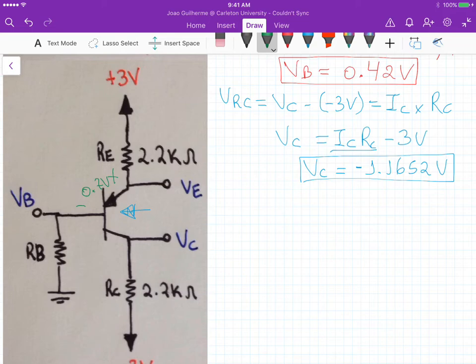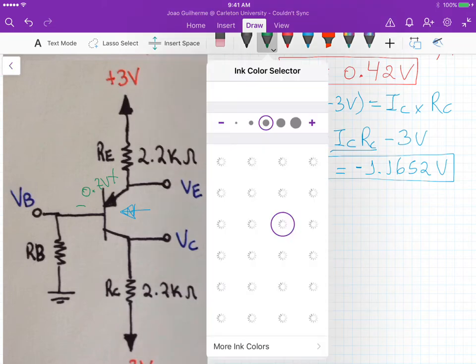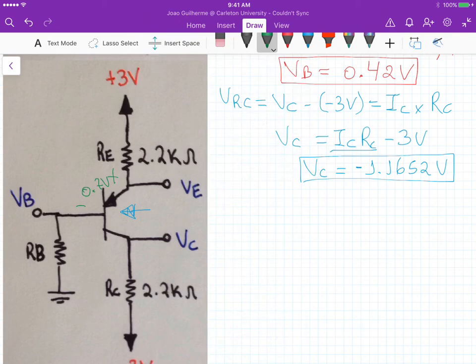So in this case, because it's a PNP transistor, we must have VCB less than 0.4 volts, which means that VC should be less than 0.4 plus VB.